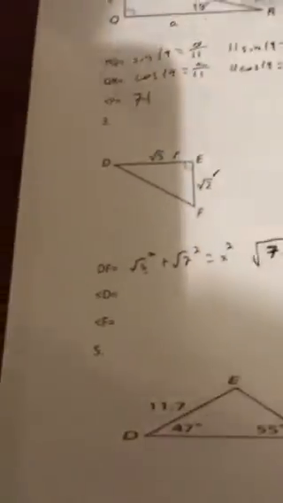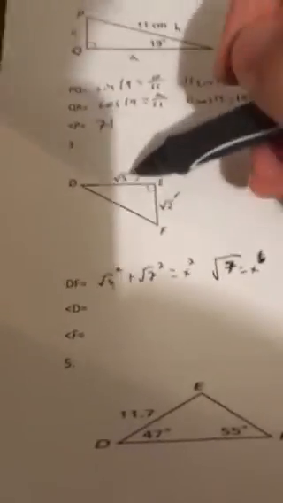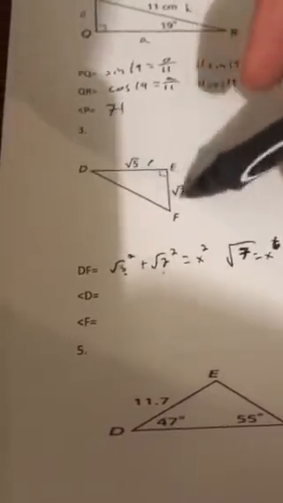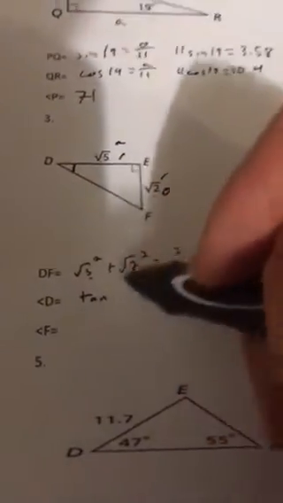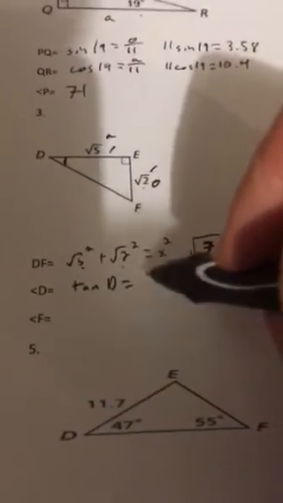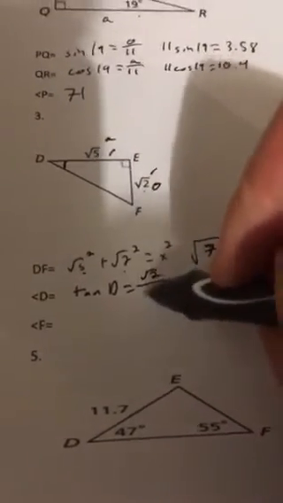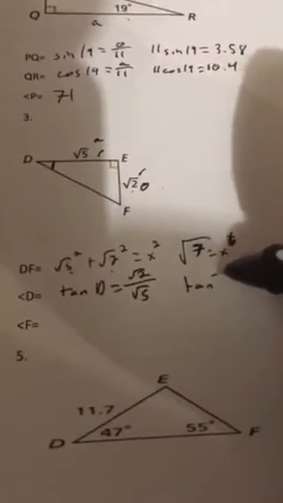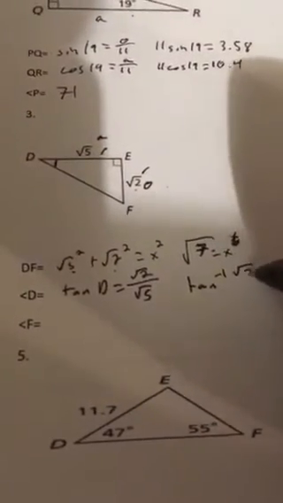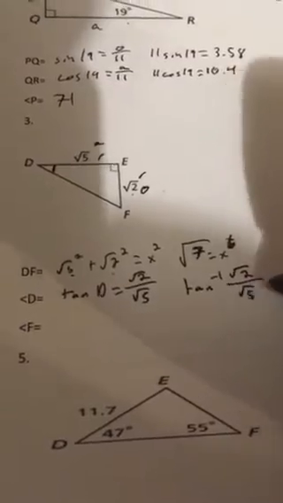All right. Then we're going to look at angle D, okay? We want to use the two sides that it gave us. So when we look at angle D, this is my opposite, that is my adjacent. So I'm going tangent of D equals my opposite, root 2, over root 5. Then I just take the inverse of root 2 over root 5 to find out what degree that is.